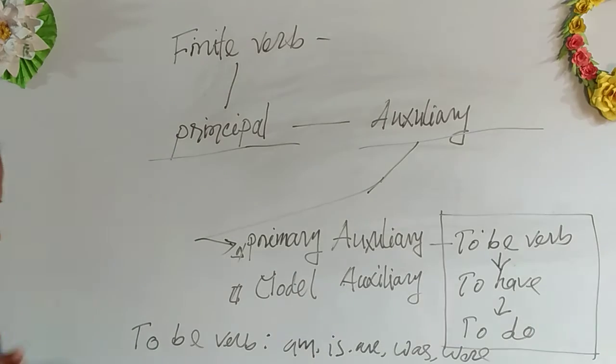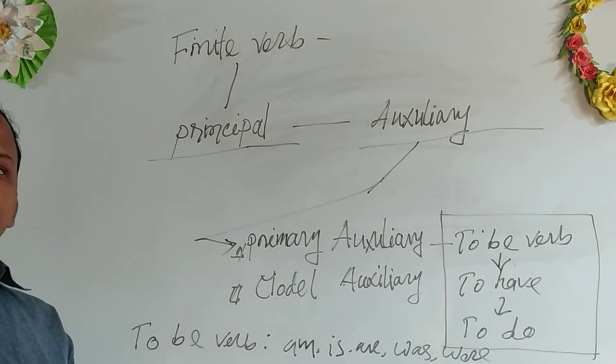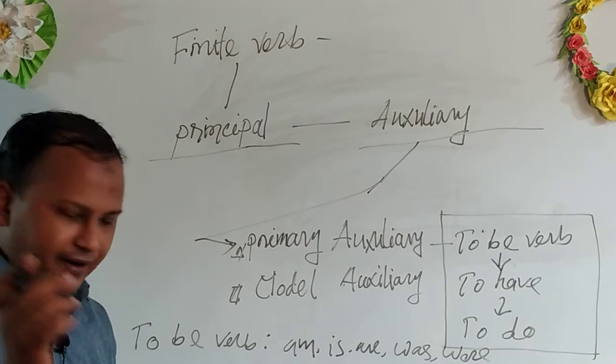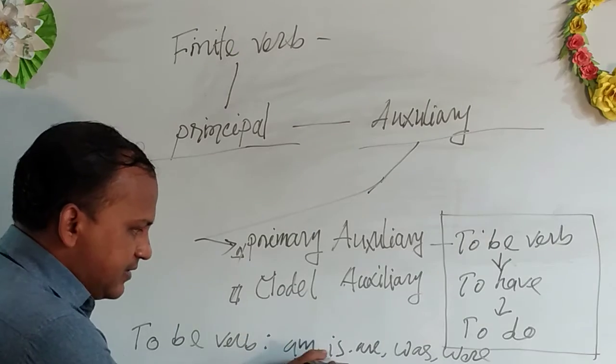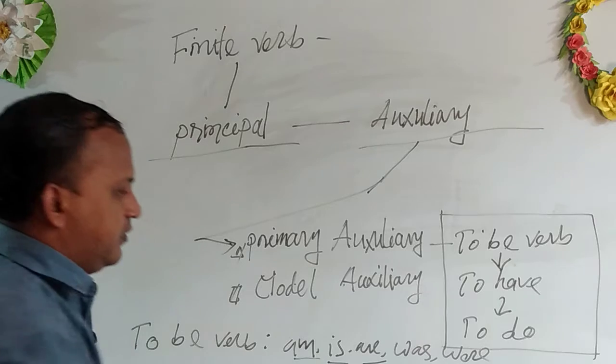Dear student, this is the to be verb consisting of the 5 members am, is, are, was, were.